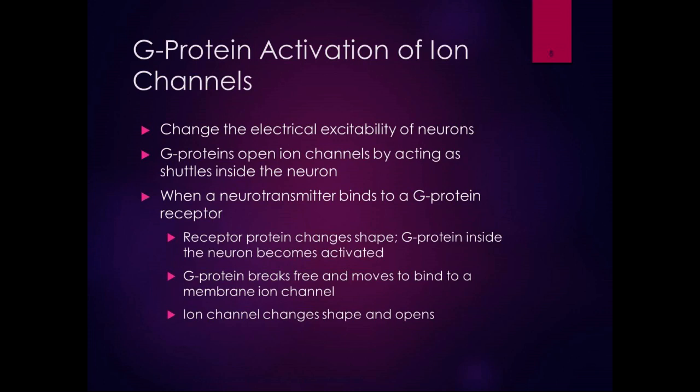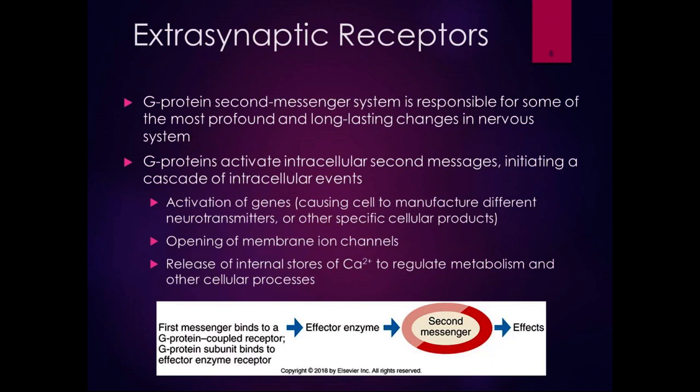And there are reasons why you would want it to be slower, especially if you're working on an inhibitory response. You want to alter the excitability of neurons. You want to inhibit them a little bit. The G protein second messenger system is responsible for some of the most profound and long-lasting changes in the nervous system.